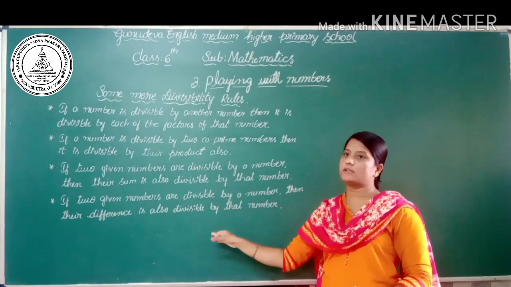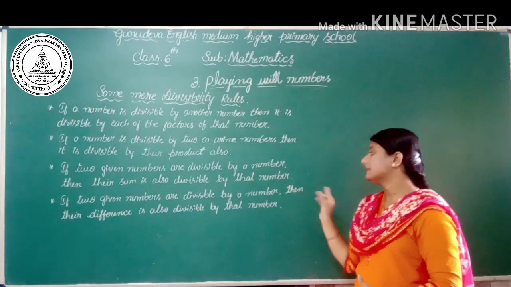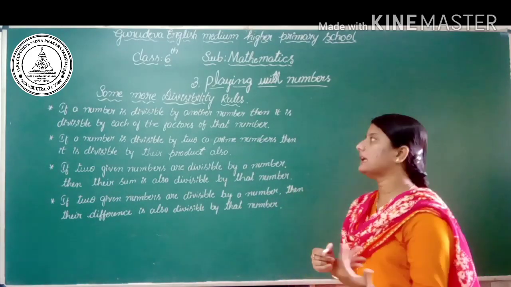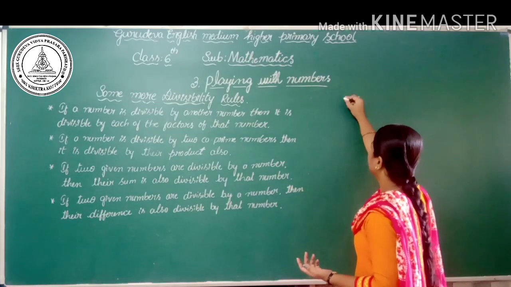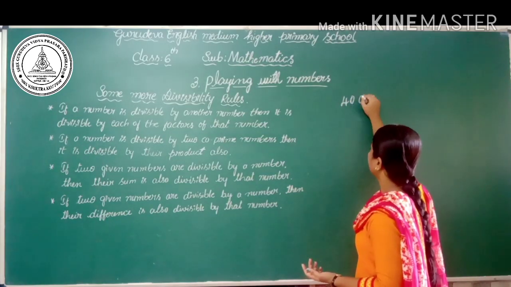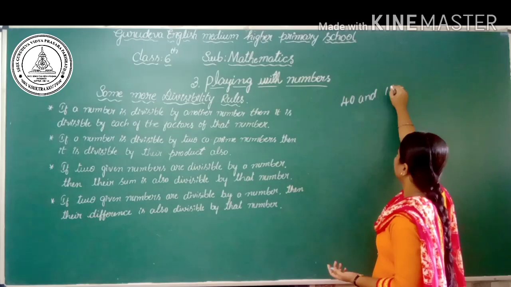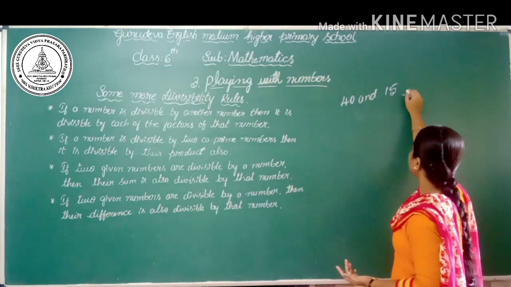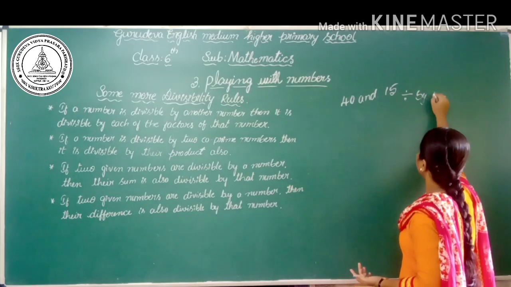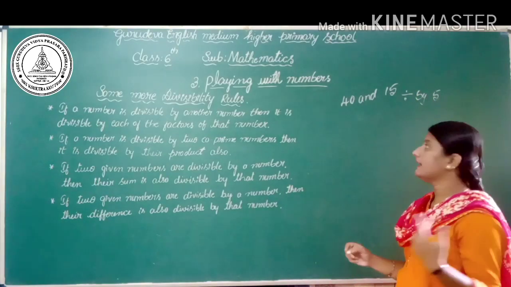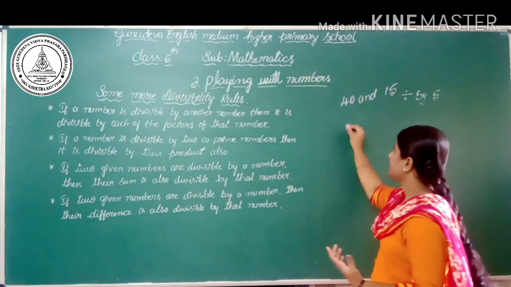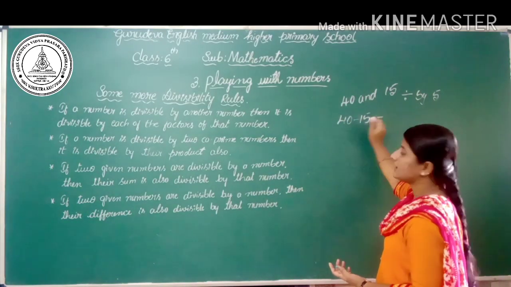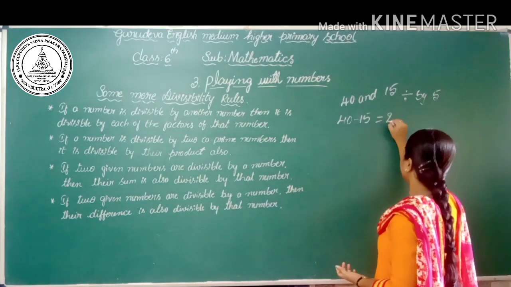If two given numbers are divisible by a number, then their difference is also divisible by that number. For example, I will take 40 and 50. Yes. 40 and 50 are divisible by 5. Then their difference, that is 50 minus 40... which is equal to 25.